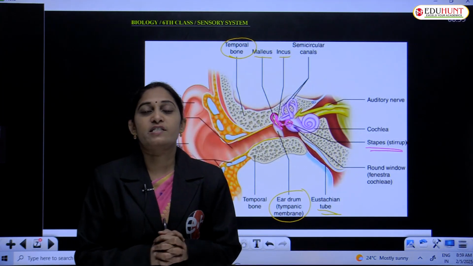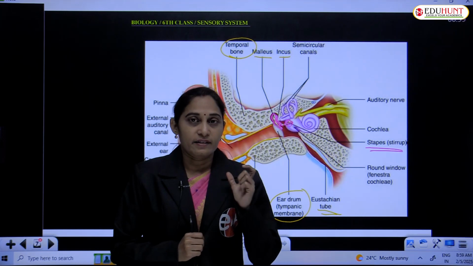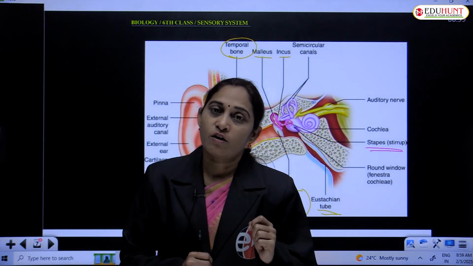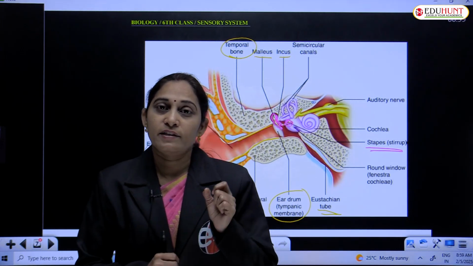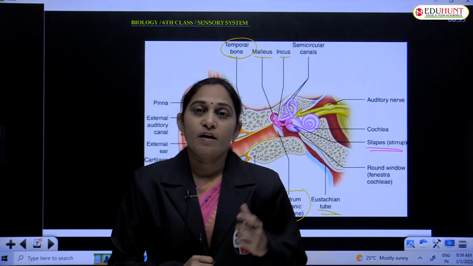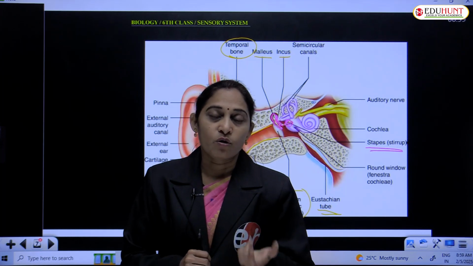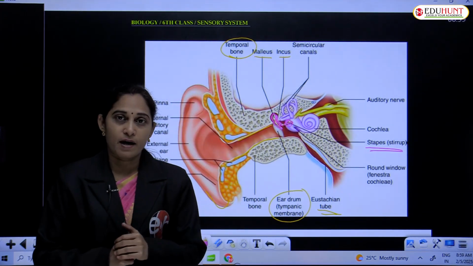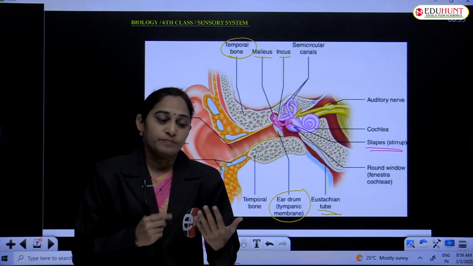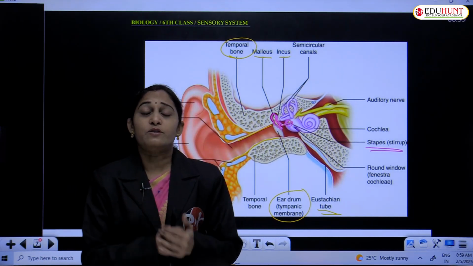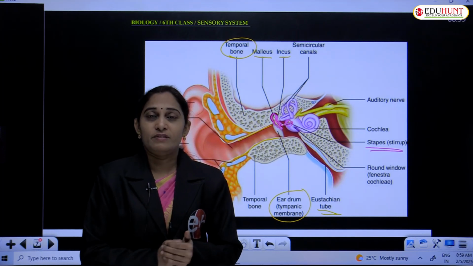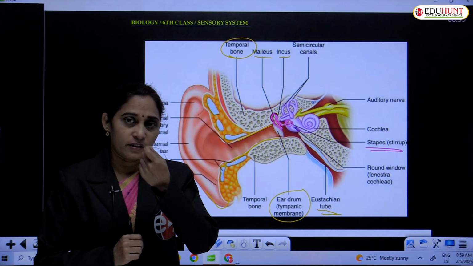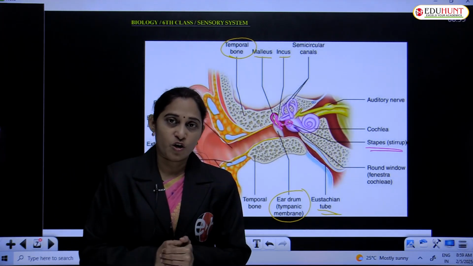It contains air. This cavity is filled with air, and this tympanic cavity is supported by a bone called the tympanic bulla, which is part of the temporal bone of the skull. The middle ear is also connected to the pharyngeal cavity, which is beside the esophagus, near the nasal structure.